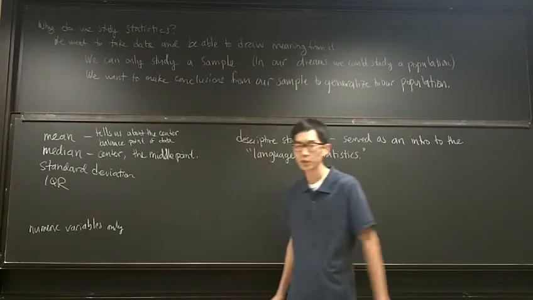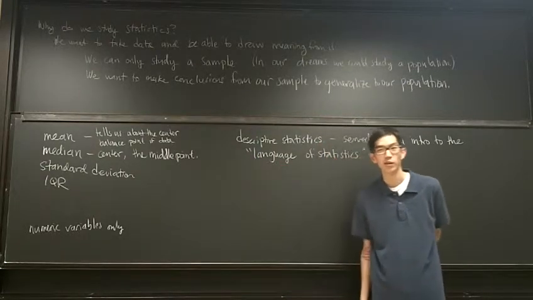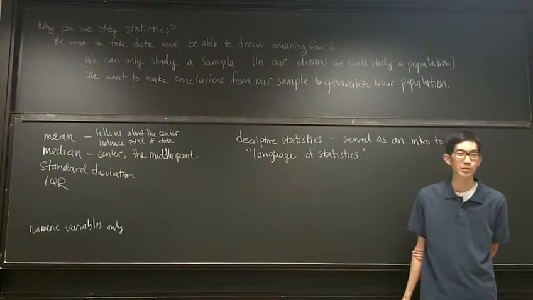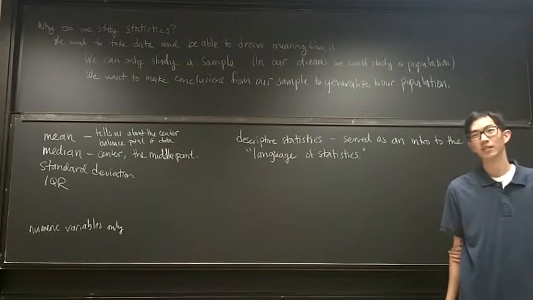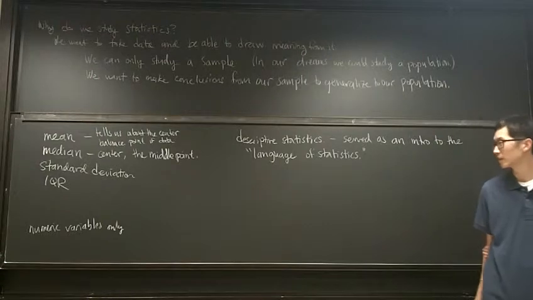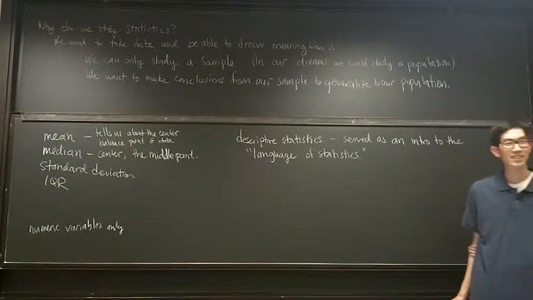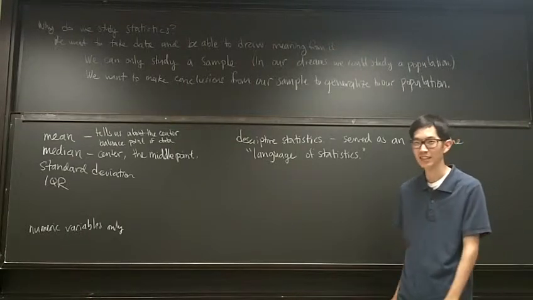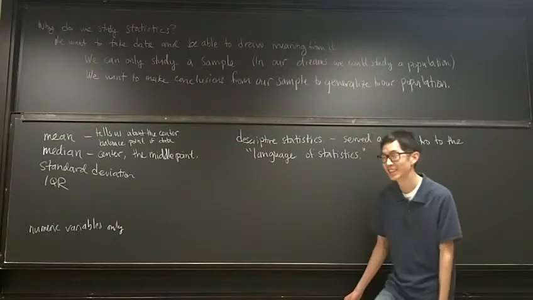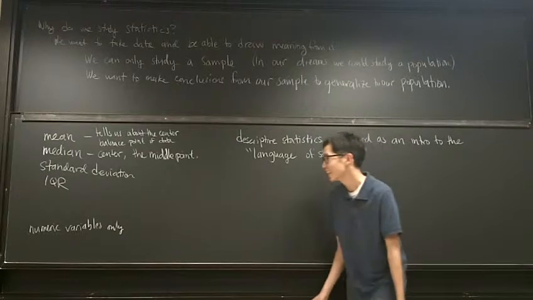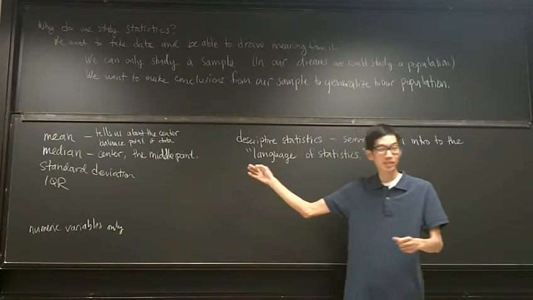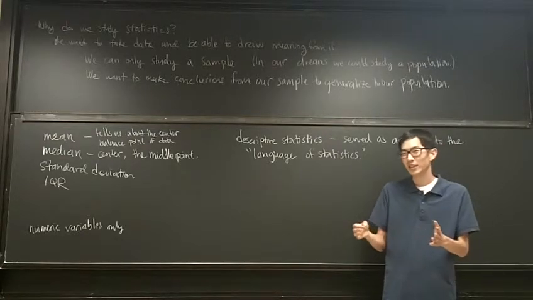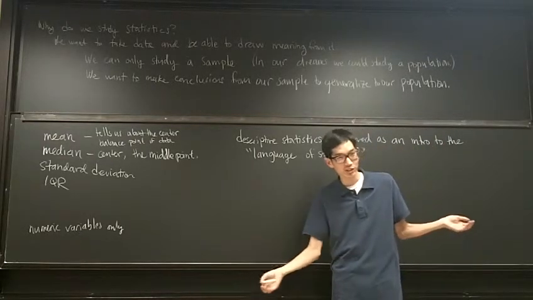What about the standard deviation and the IQR? Why bother talking about those things? Well, the standard deviation is the expected distance between most of the values. Both of these tell us about the spread of our data, how much variation there is.